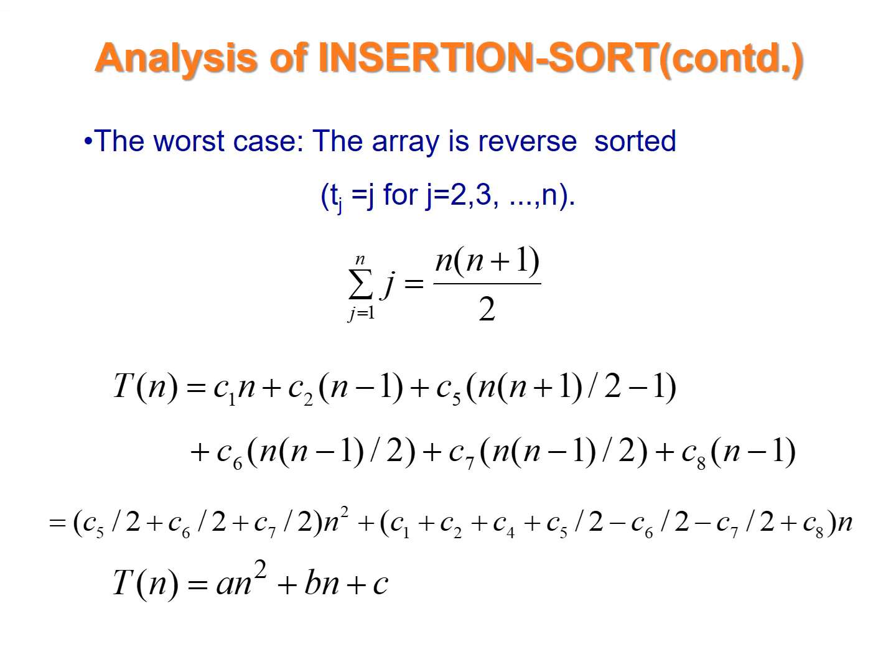So T of n equals a n squared plus b n plus c. This is a second degree, or quadratic, equation.